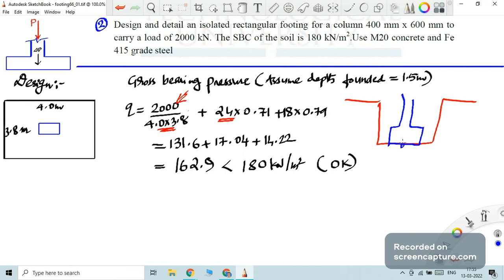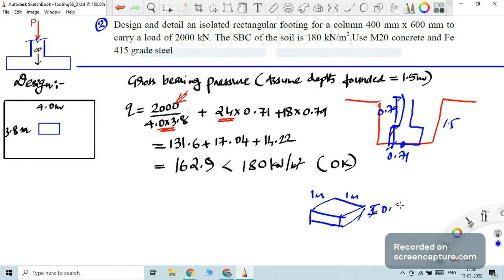At a location, this is 0.71, and if this is 1.5 meter, this depth is going to be 0.79, obviously. So 0.71, the unit weight of concrete is 24. So 24 into 0.71 into 1 into 1. That is, you are calculating that over a 1 meter by 1 meter, per square meter area.